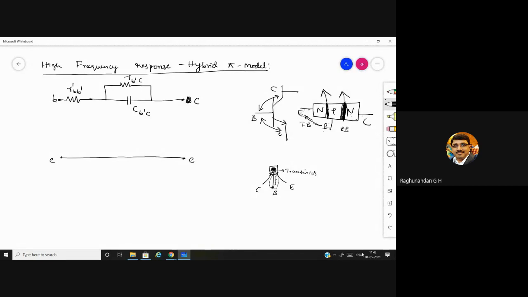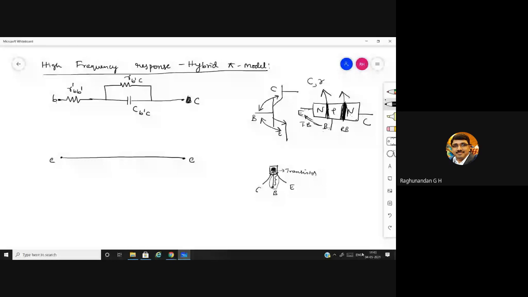Whenever there is a junction, it is going to exhibit a capacitance. This capacitance exhibited here is obtained because of forward biasing the input circuit, because we know that for the active region, or for CE configuration, we are going to forward bias the input circuit.